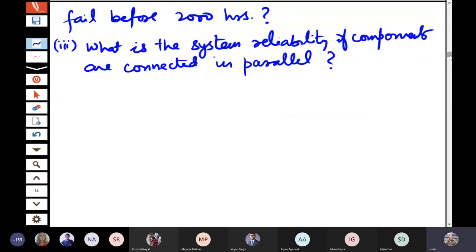So let us look at the solutions here. So the first one is a Weibull distribution. If I consider x1 as the first component life, then what is the reliability of this?